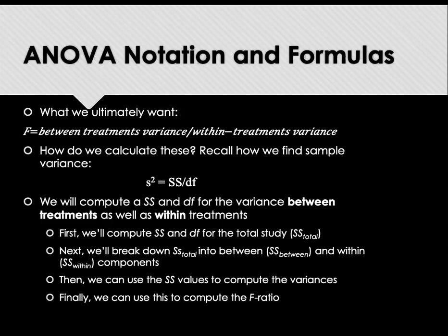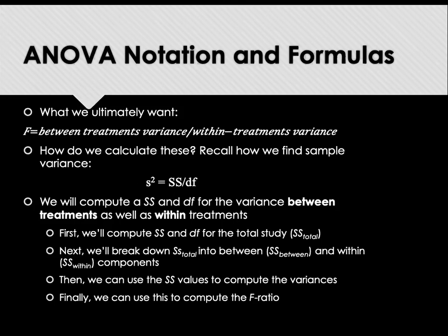Remember that when we are looking for a sample variance, that was notated with little s squared, and little s squared is sample variance, and that was equal to the sum of squares divided by degrees of freedom. So very important here.